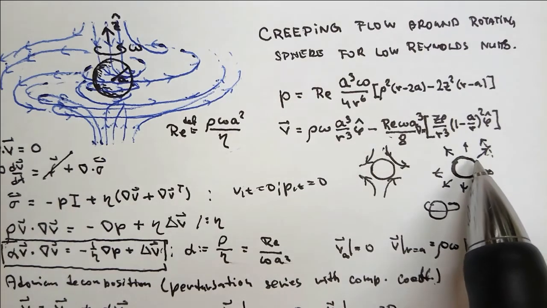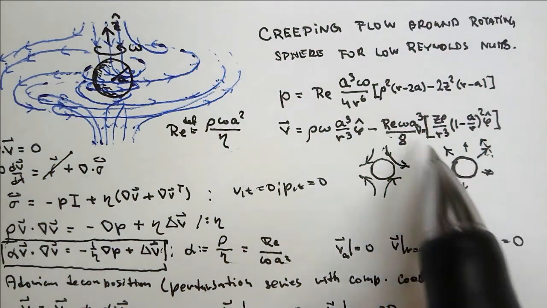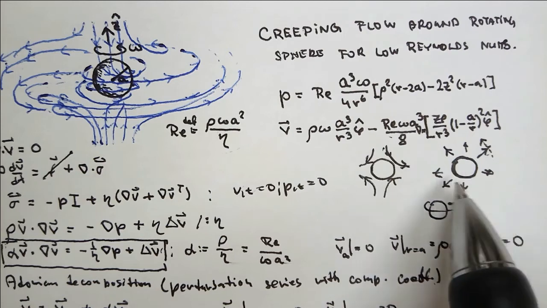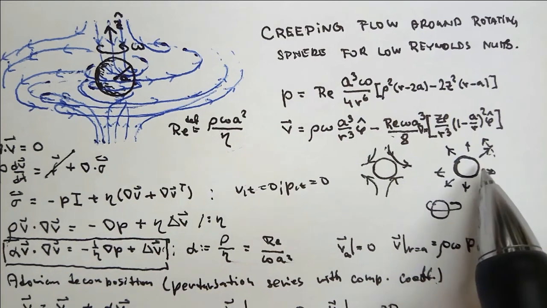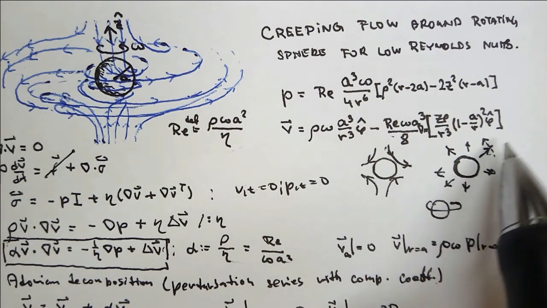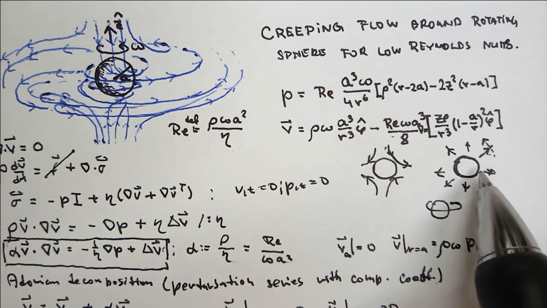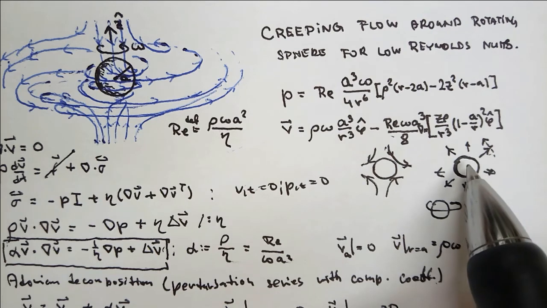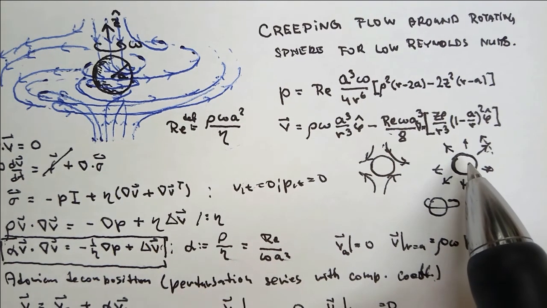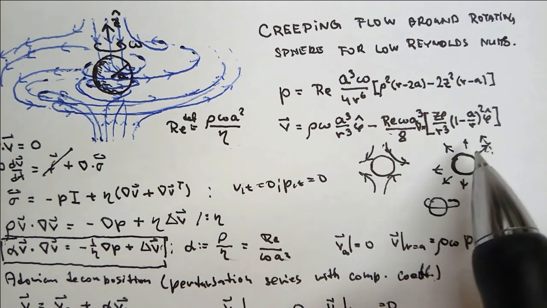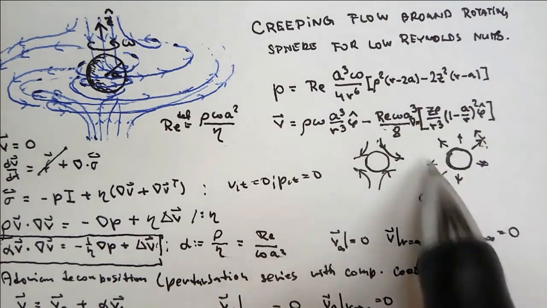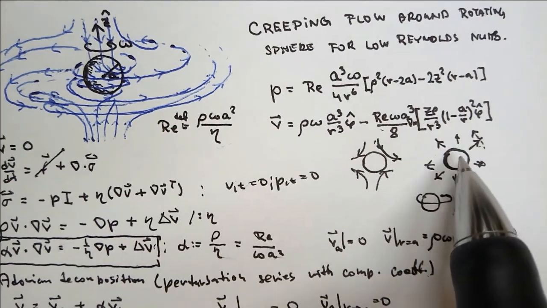So the net momentum which will be produced by this force, because it's symmetric, is 0. There is only a tension. You can compute the tension yourself if you want, and this tension will be not 0, as in the case of pure rotation.